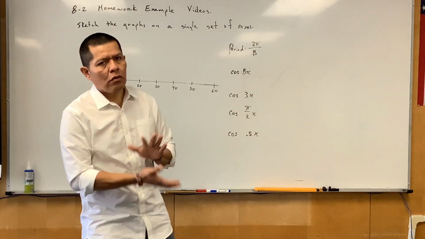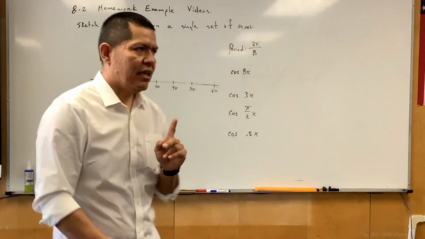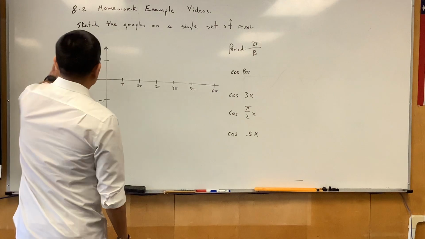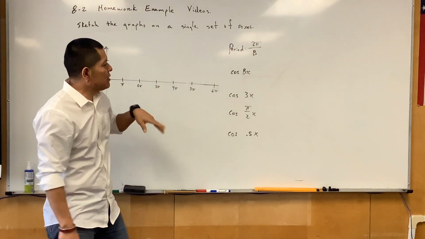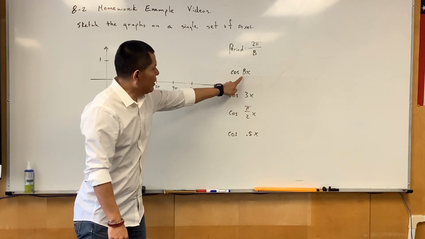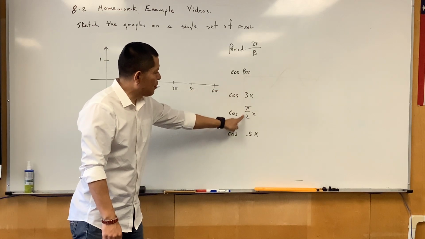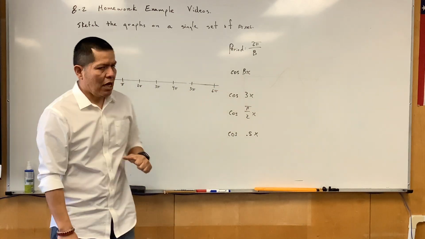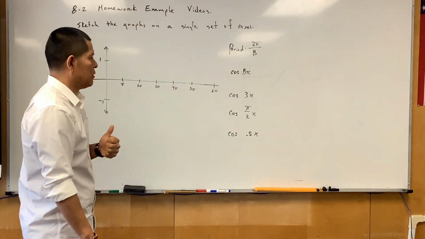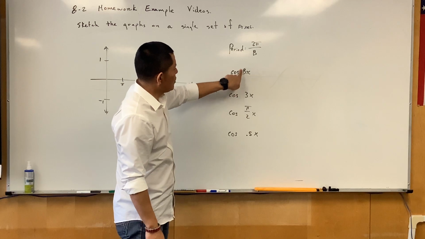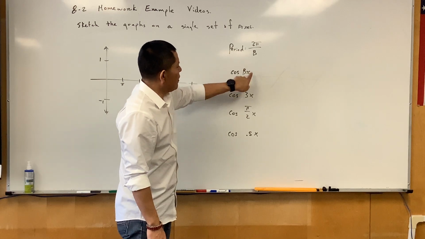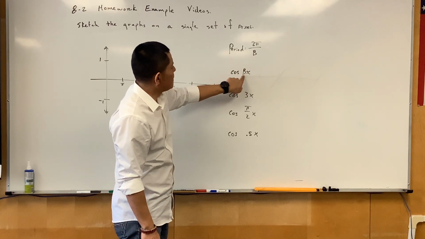Okay, so this is the second example type where we're sketching the graph on a single set of axes. But in this case, we're going to be changing the period of our cosine functions. Remember, when we change the period, that means we're multiplying the x value times some number.